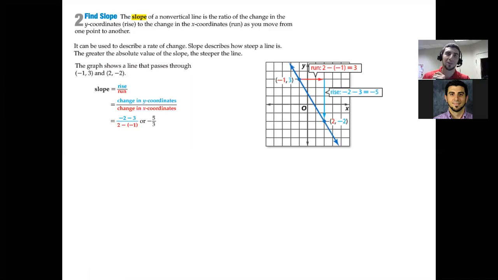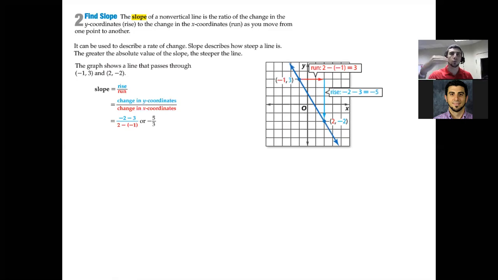So if you were trying to find the difference in ages between you and your parents, you would take your parents' age minus your age to find the difference. It's a similar thing going here. Now, notice that as you always read a graph from left to right, this graph actually falls from left to right. The y-coordinates don't really rise, they fall.